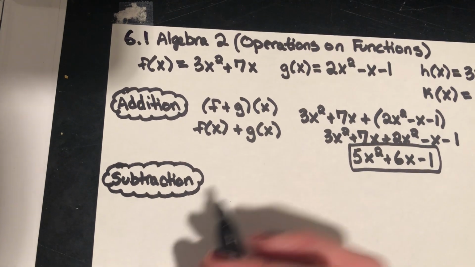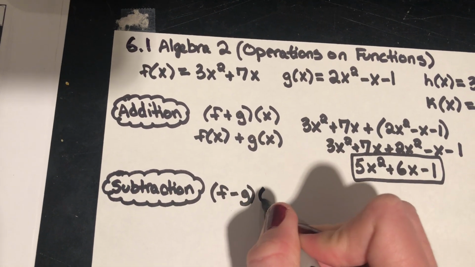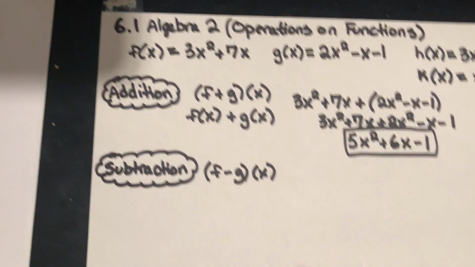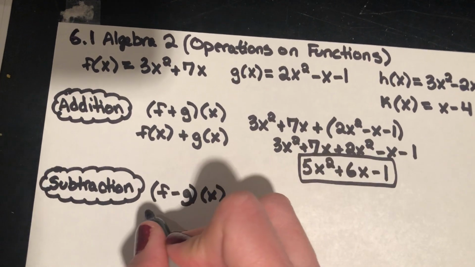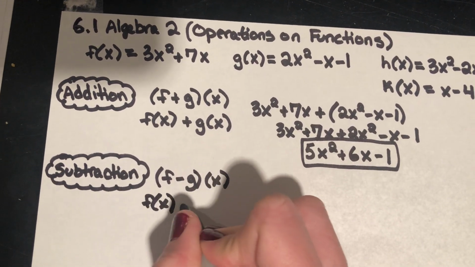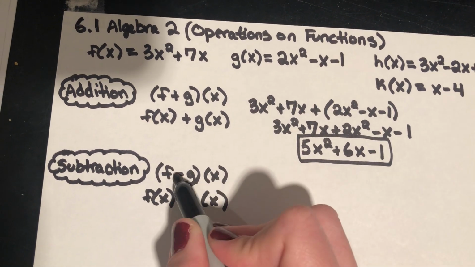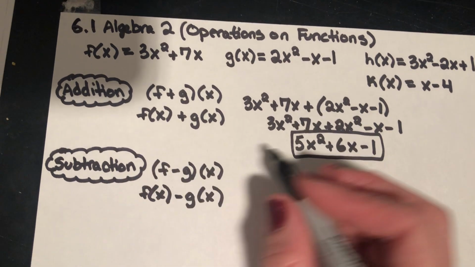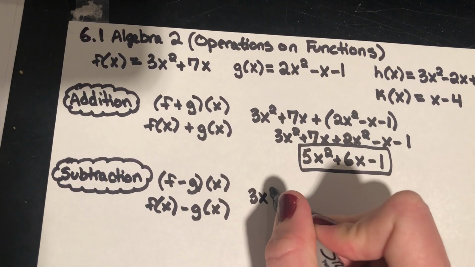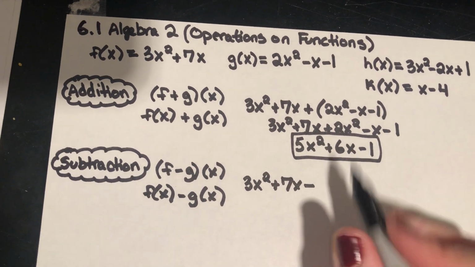Okay, subtraction. I'm going to do f minus g of x. So f minus g of x is just plain old f of x minus g of x. That's where I'm getting it from. I take my f of x, 3x squared plus 7x, and I subtract my g of x.